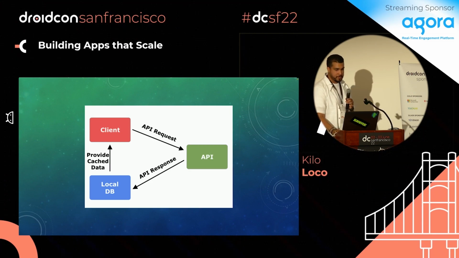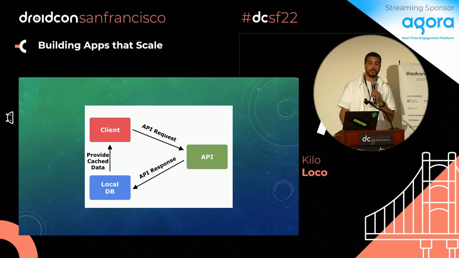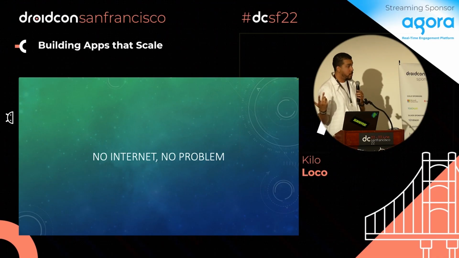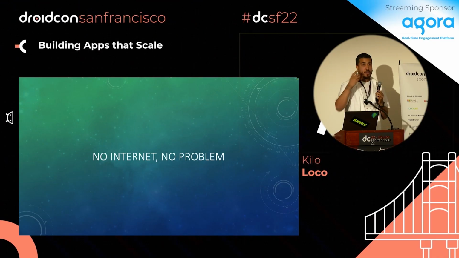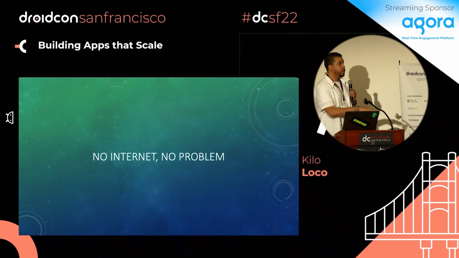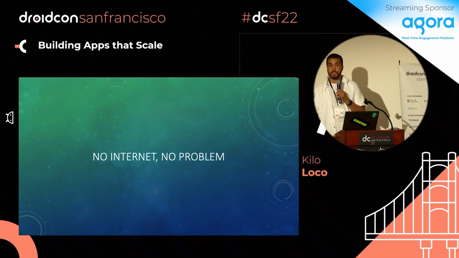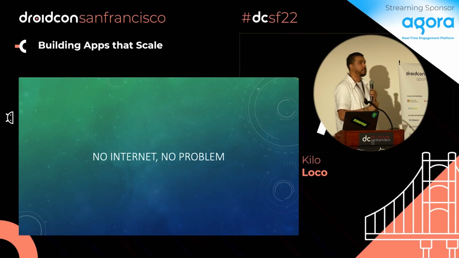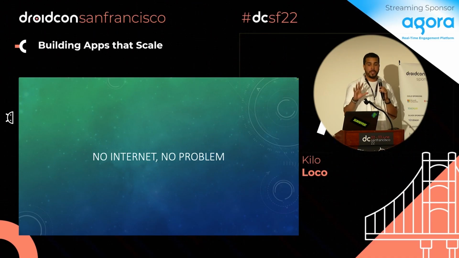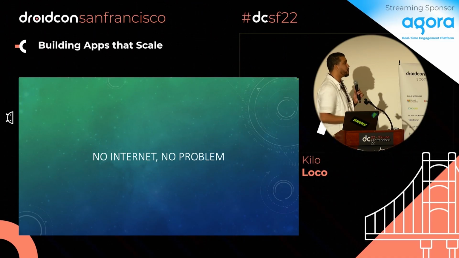Now, there's a couple of different benefits to doing it this way. One, no internet, no problem, right? You start saving this data to your local database. Whenever the user launches the app, they immediately have data to be displayed onto the screen. They're no longer being held back by their internet connection, or your servers being down or whatever.